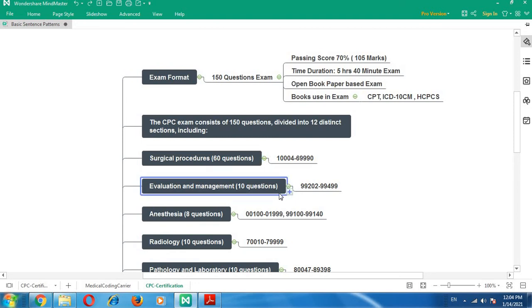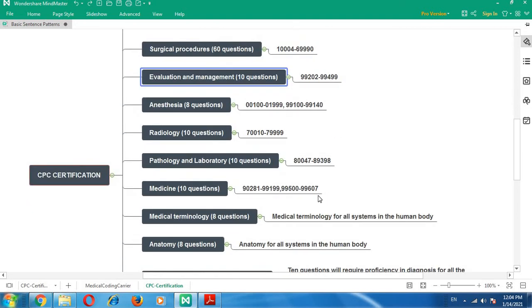The next section is the evaluation and management section. It includes 10 questions, and the code series for evaluation and management is 99202 to 99499. This section involves all the services provided by the doctor at different locations. For example, services provided by the doctor under office visit, emergency department, nursing facility, observation care department.